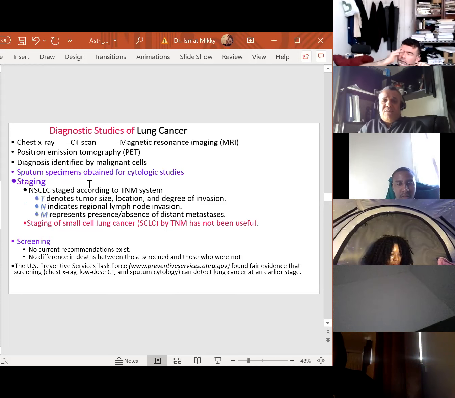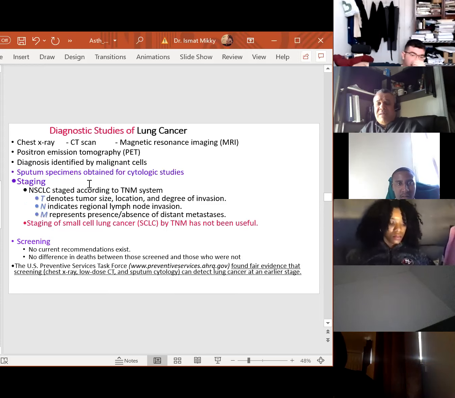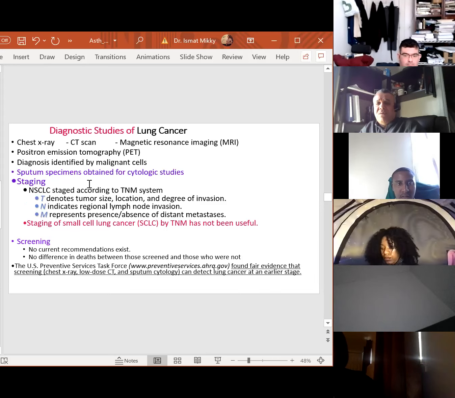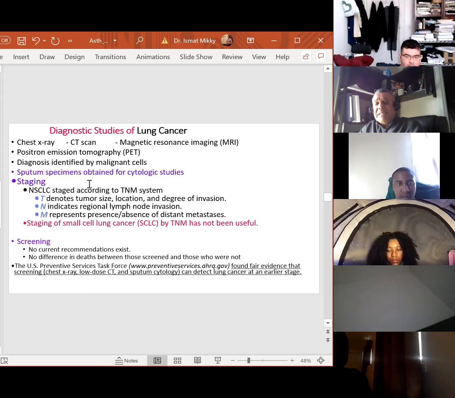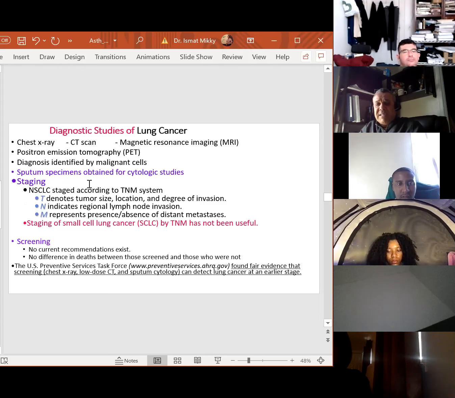With small cell lung carcinoma, staging by the TNM has not been useful. It's good for non-small cell lung carcinoma. For small cell lung carcinoma it's not been useful because it is very aggressive and is always considered systemic. Because of the aggressive nature of the disease process, the TNM system hasn't been useful.